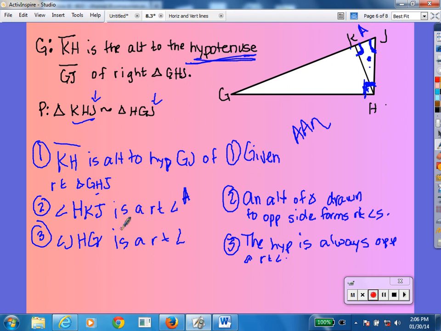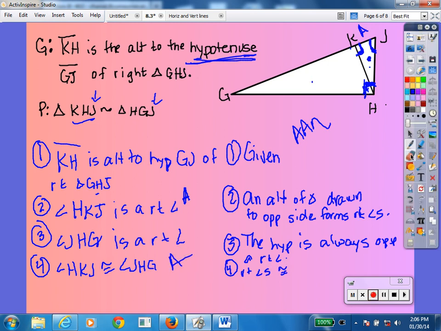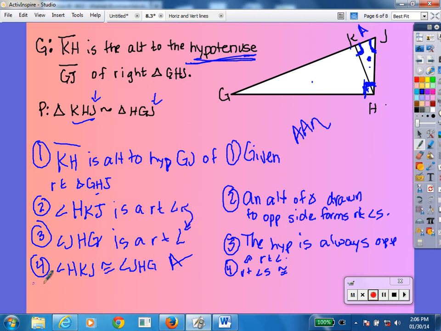And so we have not yet stated congruency, and we have to state congruency. So we would do statement 4: angle HKJ is congruent to angle JHG because right angles are congruent. So there's our angle statement. That is our congruent angle statement. We had to combine and say those two things.